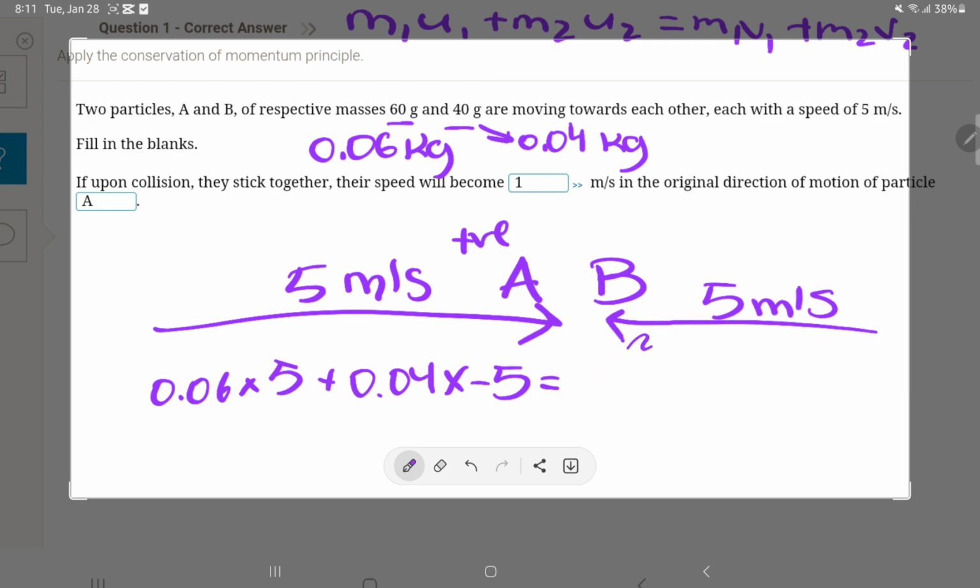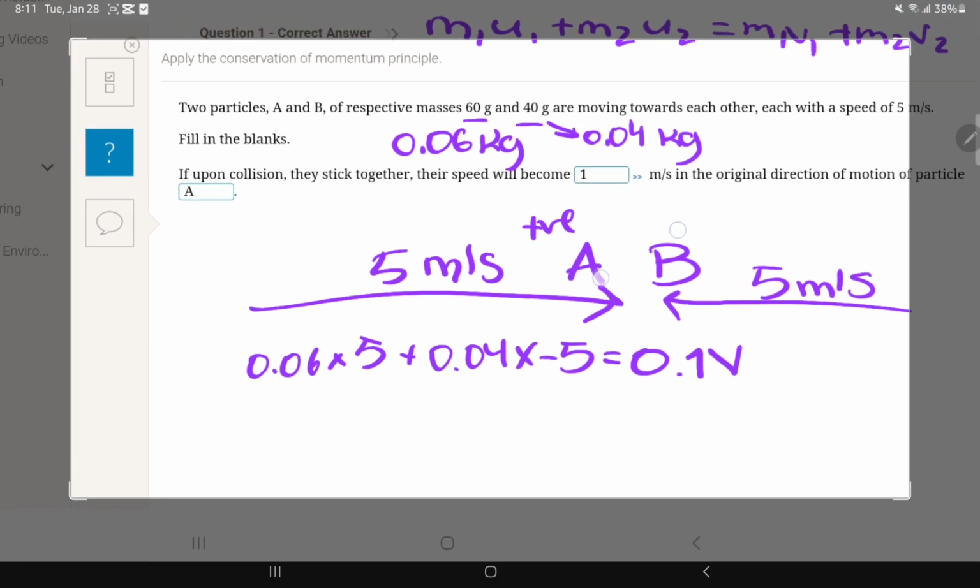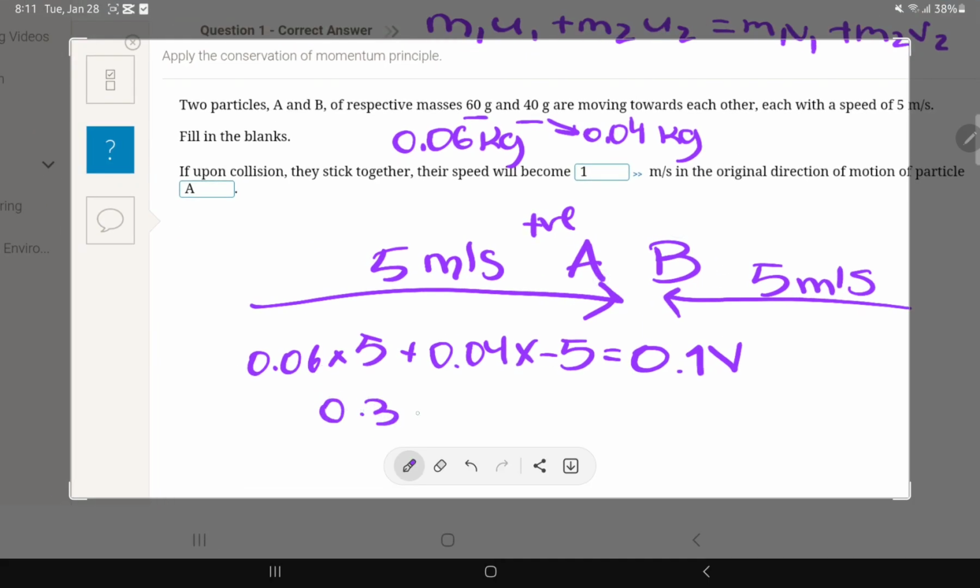We have to combine both masses. 0.06 plus 0.04 is gonna be 0.1, and then v, velocity. Let's multiply these numbers. 0.3 minus 0.2 is equal to 0.1 v. 0.1 is equal to 0.1 v, and then v is equal to 1.